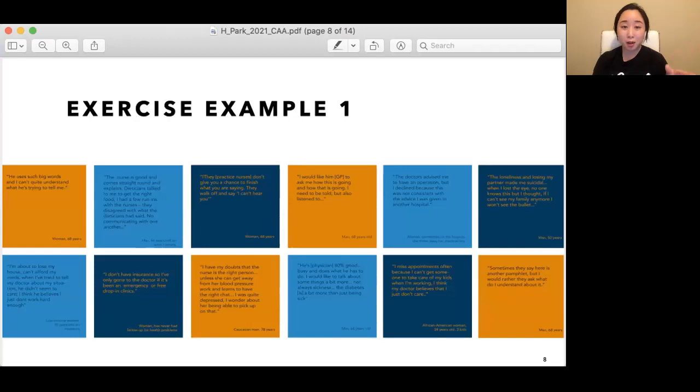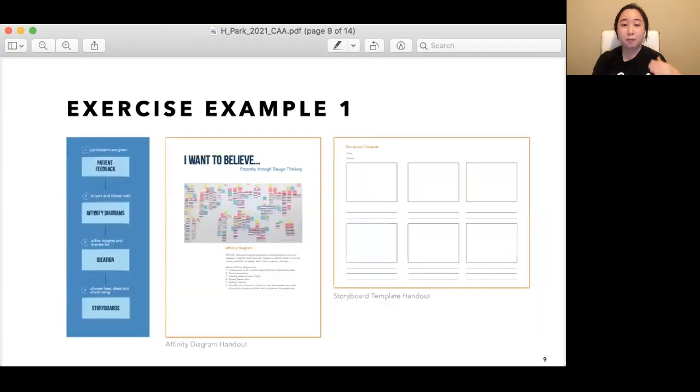And using those cards, each team make affinity diagrams based on the themes like building trust through relationship or cost of treatment and insurance. And after the affinity diagramming, the students write down ideas of how they would improve the overall patient care experience based on the themes the group choose.